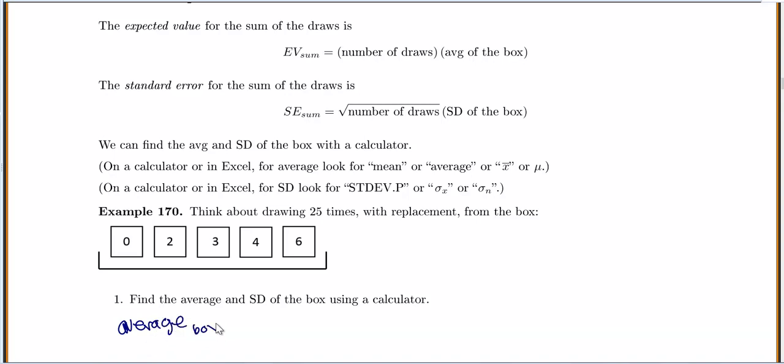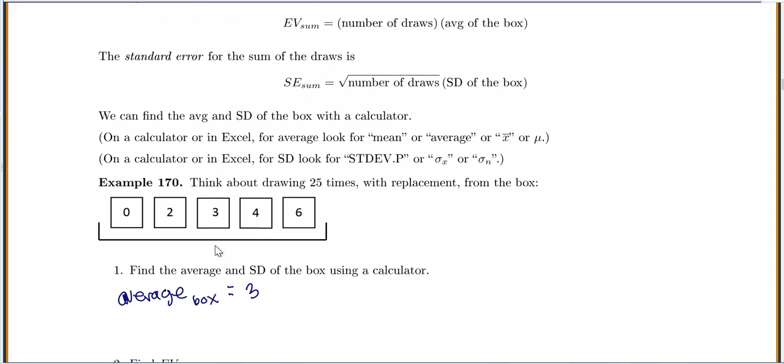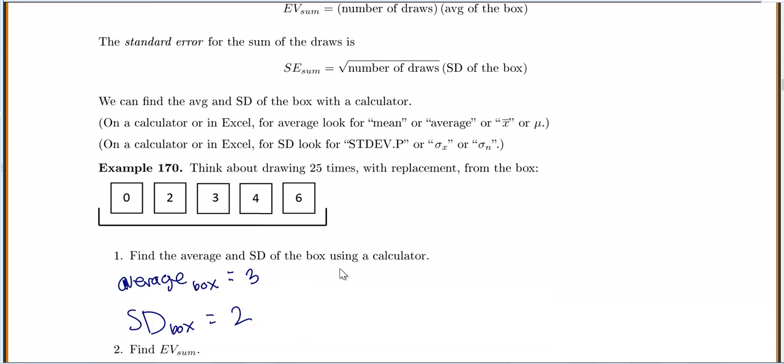So the average for the box is 3. And the standard deviation for the box is 2. Again, we're just using a calculator. There's no reason to do this by hand. If you did want to do it by hand, you'd go back to chapter 4 and use those formulas.